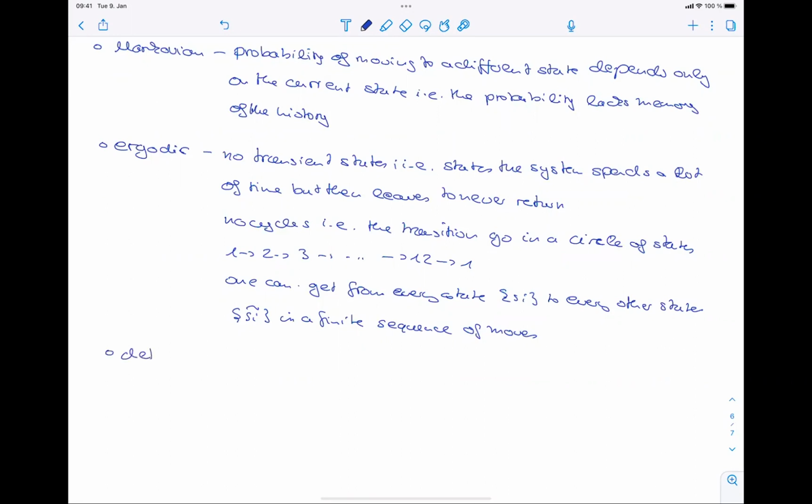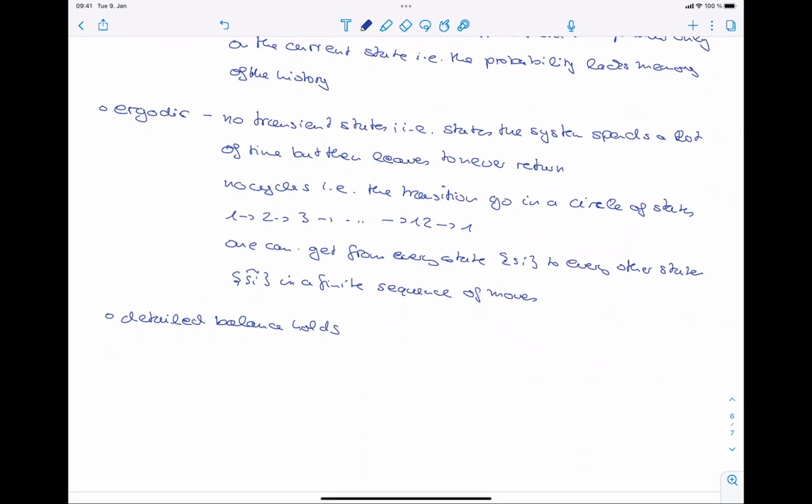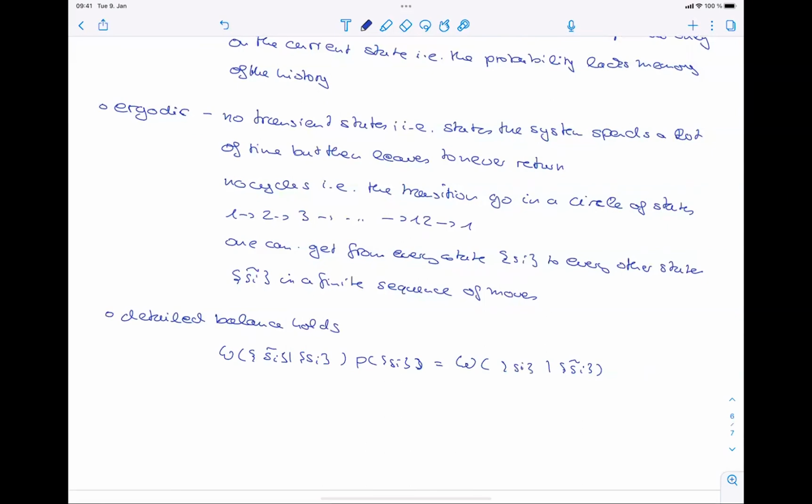More important point: detailed balance. Detailed balance is described as: the transition probability to go from state S to S tilde, given that I was in state S, is equal to the opposite direction, namely to go from state S tilde to state S, given that I was in state S tilde.